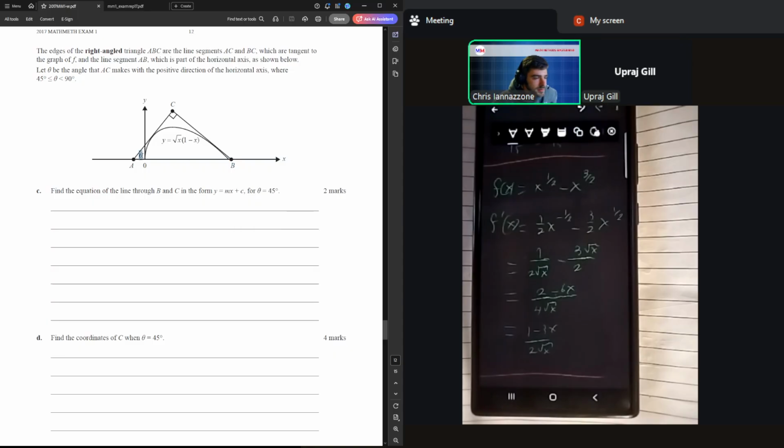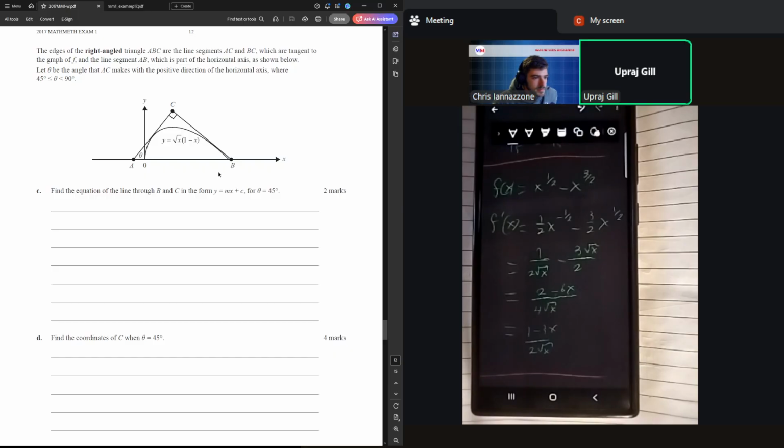No, theta's over here. Yeah, but a triangle has to be 180 degrees, right? Well, the angle that B makes with the horizontal axis is considered on the right hand side, not the inside of it. But okay, I get your point. So there's a 45 in here, not a 45 out there. Yeah, my bad. All good.